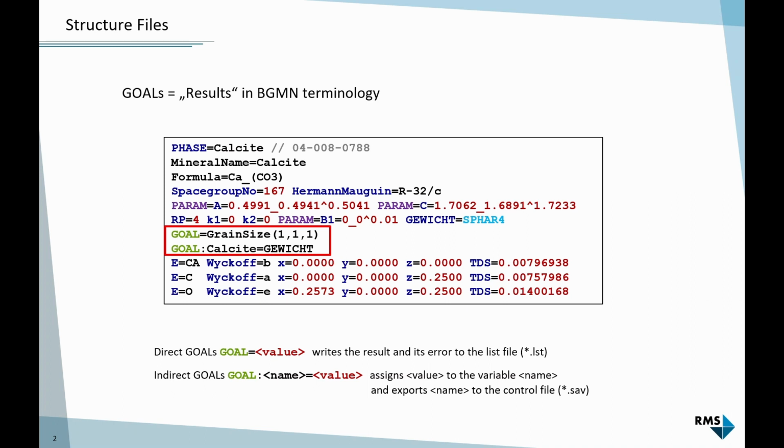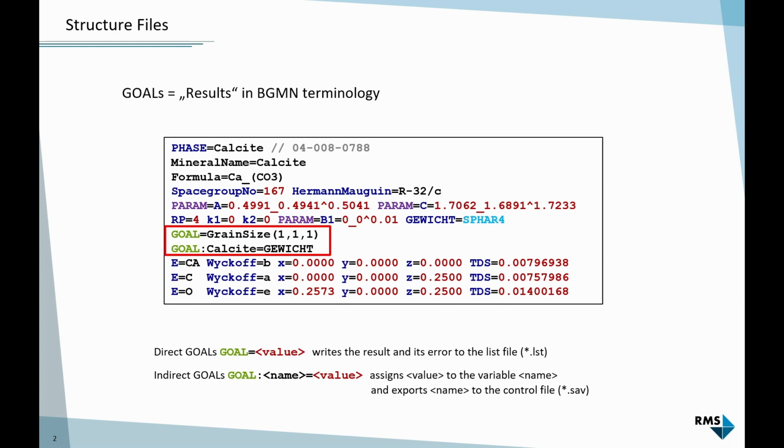And these are distinguished by what follows after the goal keyword. Goal equals is a direct goal, and goal colon is an indirect goal. It's not very intuitive, but I will try to explain, and then it's documented. And if you will ever need this yourself, you should be able to find it on the slides here.